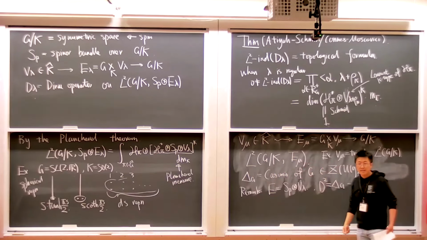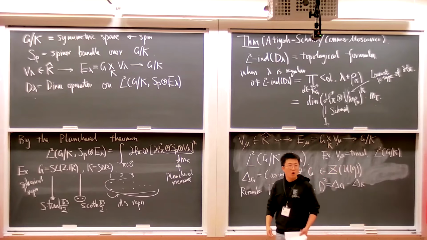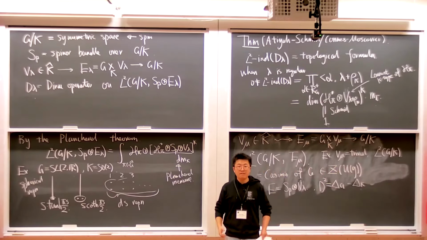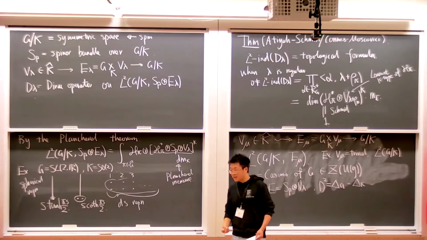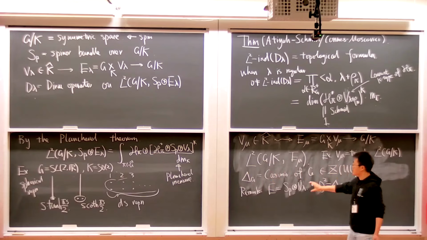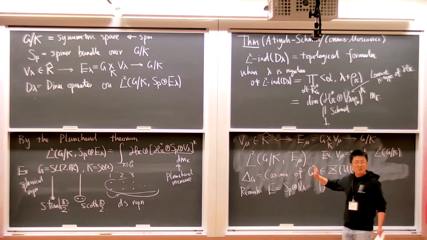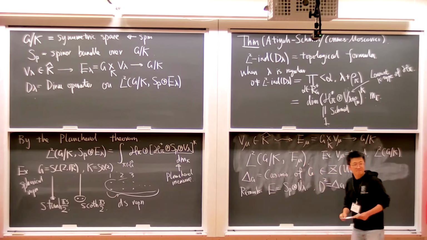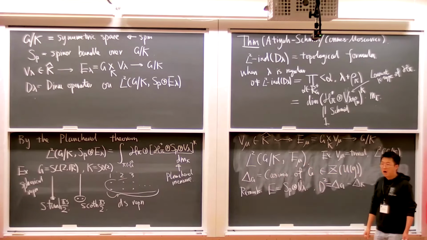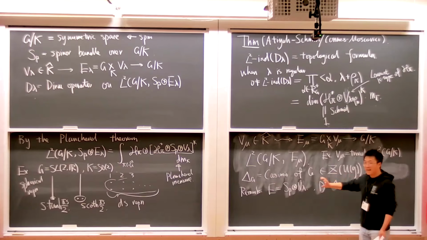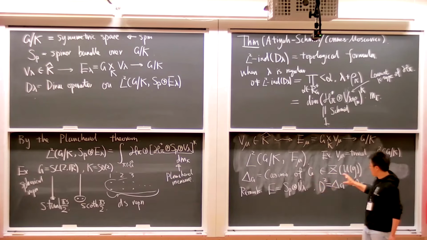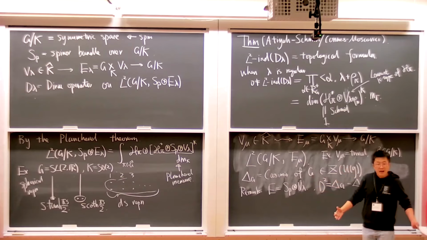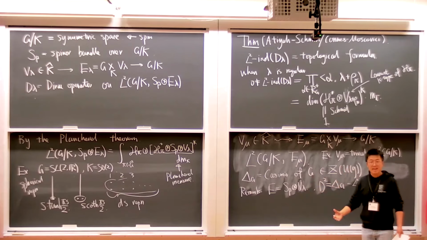So what I'm trying to say is that in this more general setting, although we don't have D, we have something like D squared, and that is what we are going to deal with. We are going to take the Casimir. There might be many other elements in the center, but we are just working with the Casimir, which is a quadratic one.